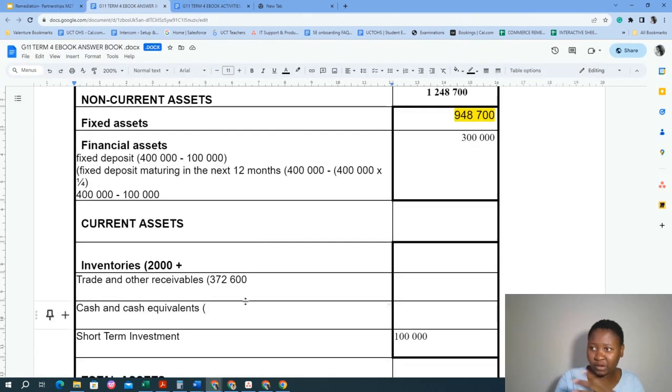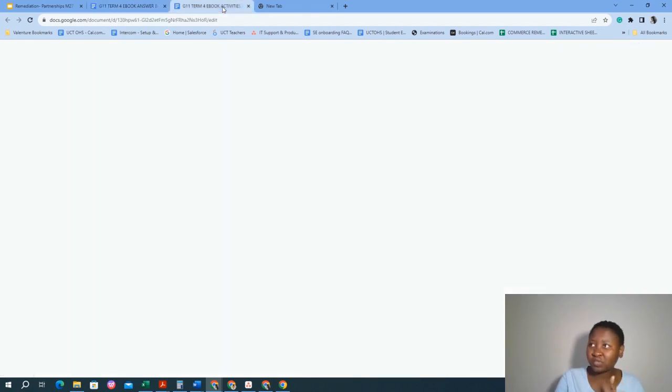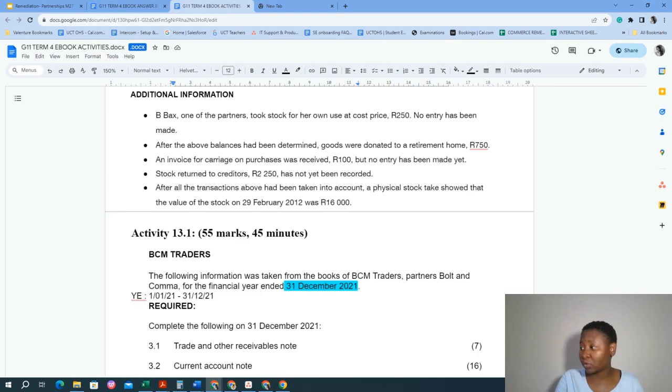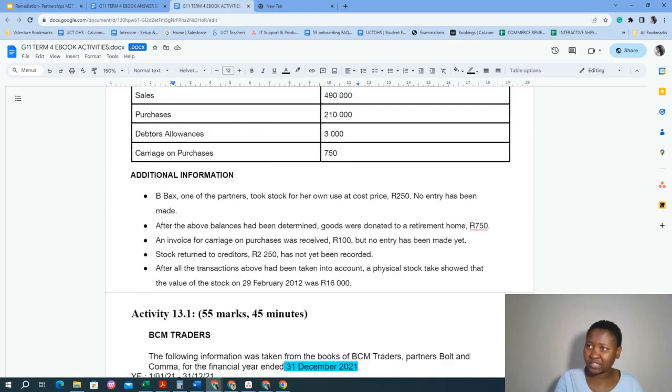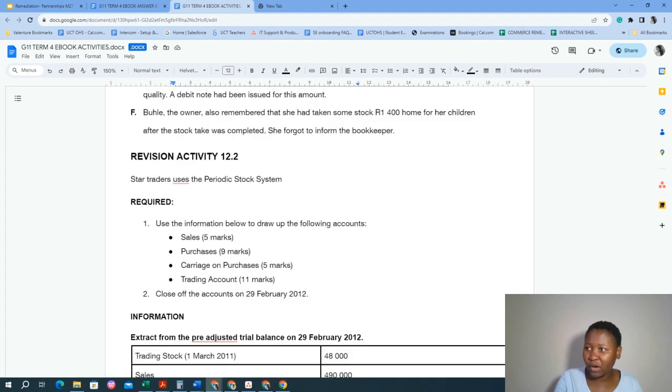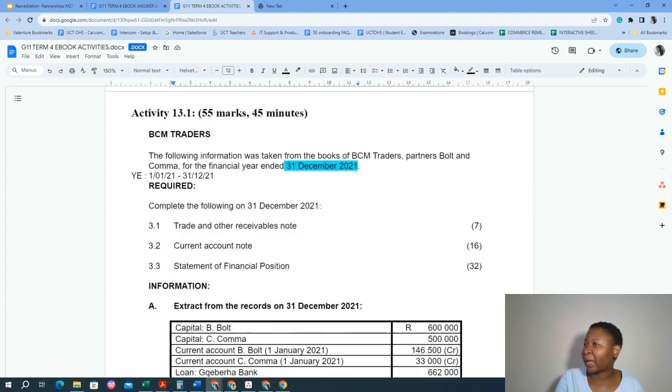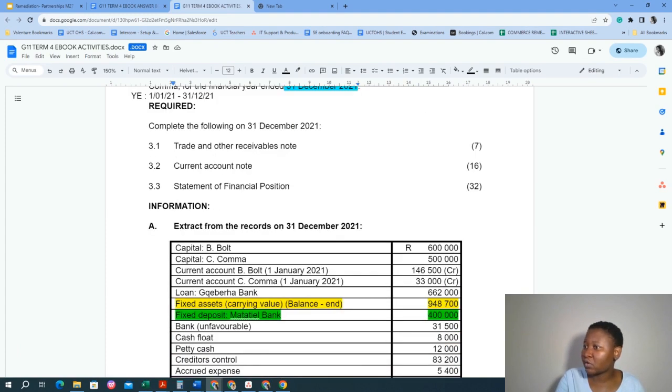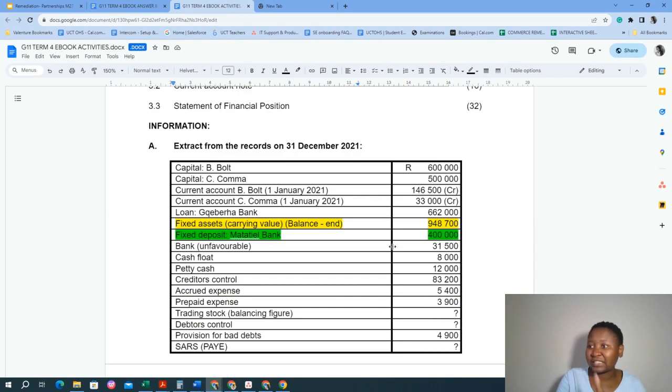I know that my bank account would go under my cash and cash equivalent, though it can be tricky. I'll caution you that when it comes to your bank account, you focus on whether it is favorable or unfavorable.